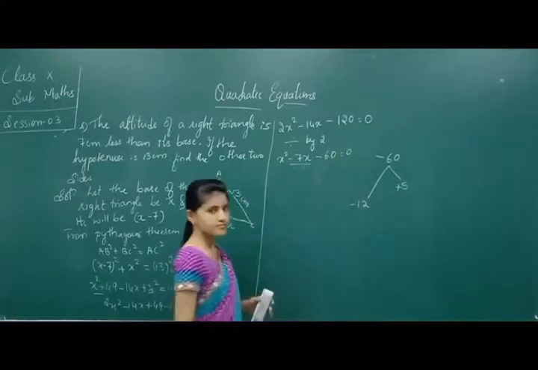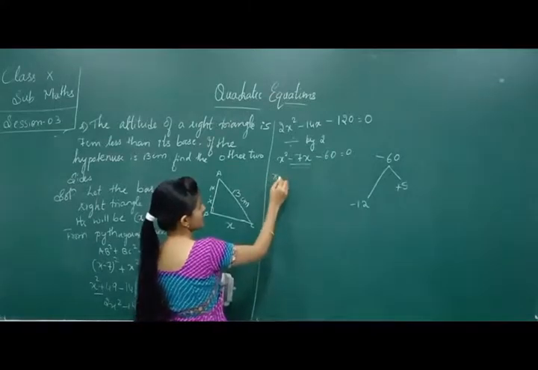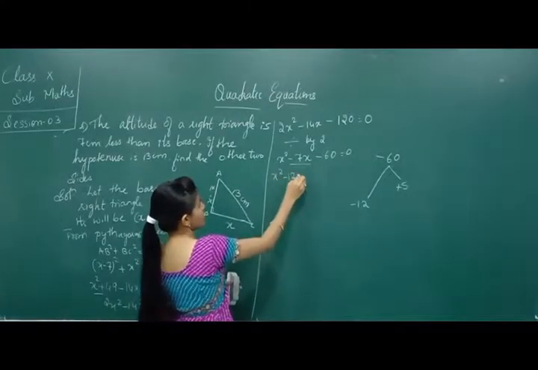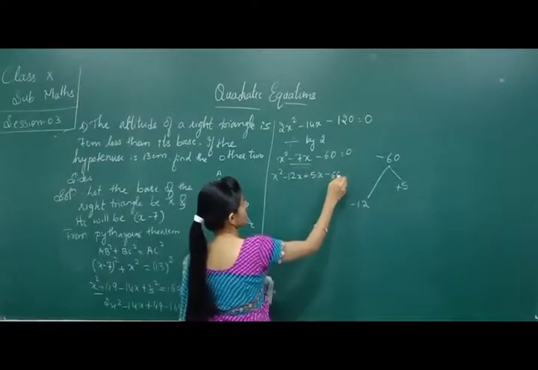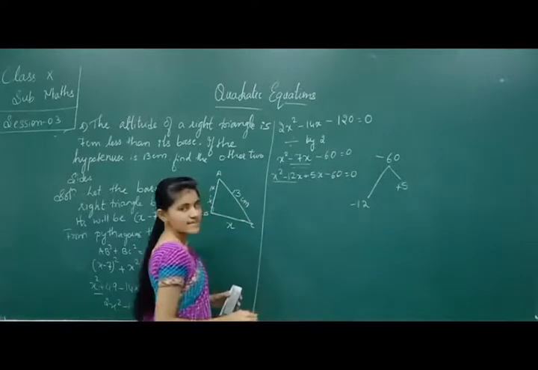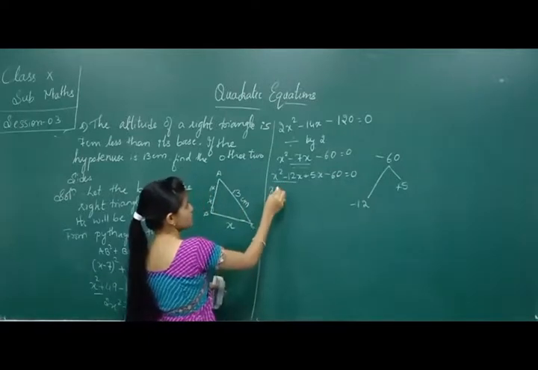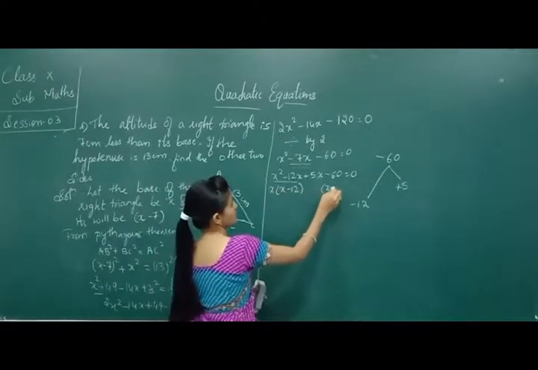Okay. So how can I write it? I can write this as x square minus 12x plus 5x minus 60 is equal to 0. Taking out x as common, I get x into x minus 12. Again write down x minus 12 as it is.